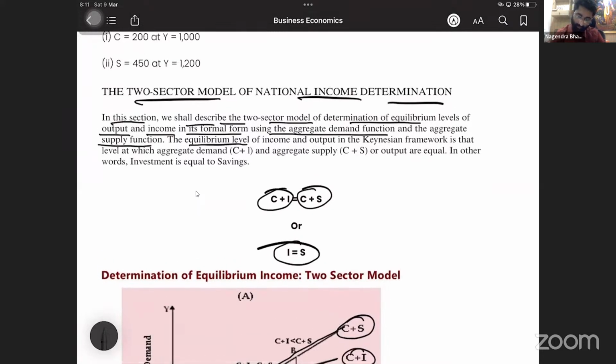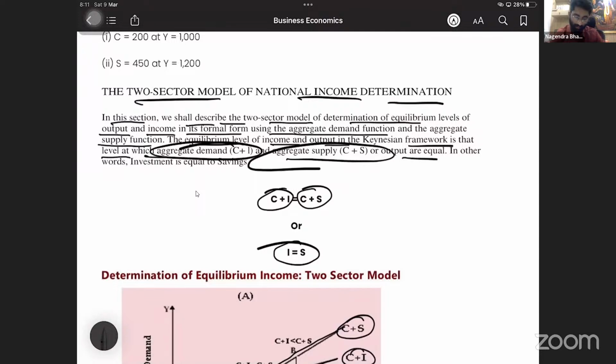The equilibrium level of income and output in the Keynesian framework is that level at which aggregate demand and aggregate supply are equal. In other words, investment is equal to savings. Whatever I invest, I invest with the help of savings. I save, I invest. I don't keep it in my pocket. I save it and that amount I will invest.